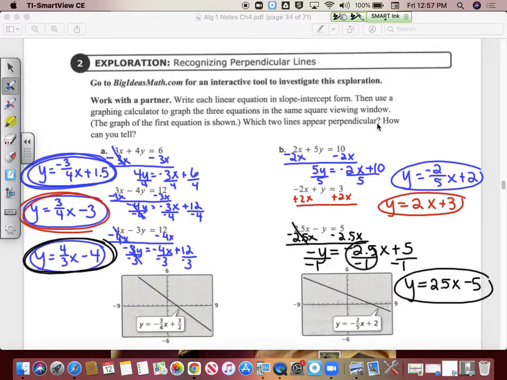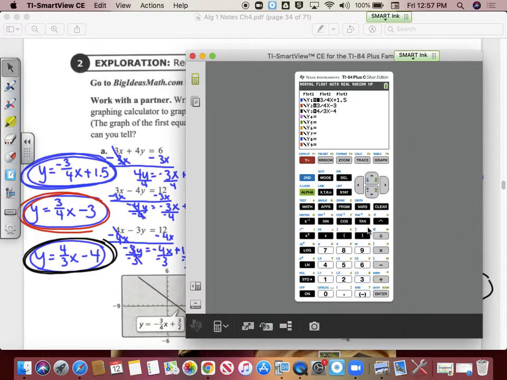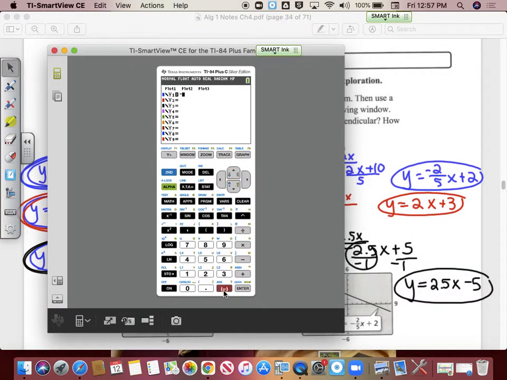Okay. Now what we can do is erase the other equations that we had in there, and insert these equations. So the first equation was y equals negative 2/5. And you know what?